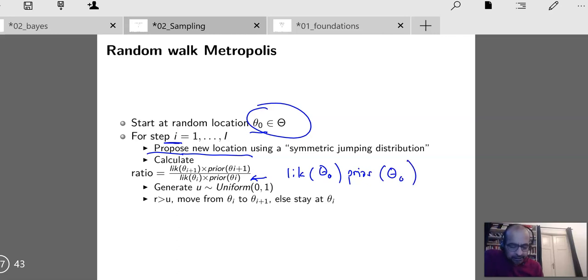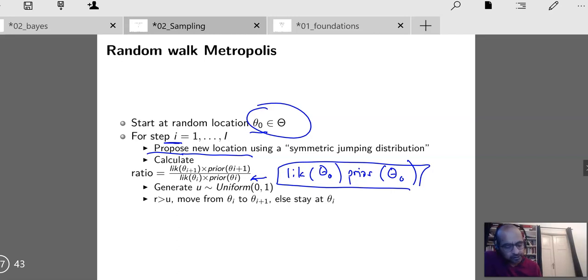So I multiply this to get a value that's the product of the likelihood and prior. Let me just call it the posterior. I'm going to compute the ratio of this posterior for the newly proposed value versus the old value that I had for the theta parameter.